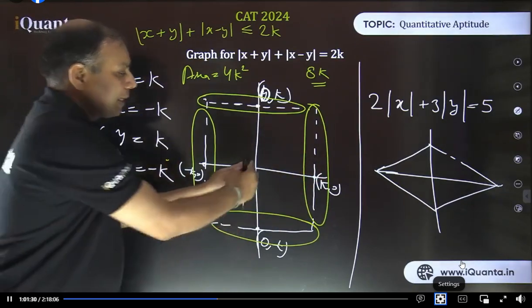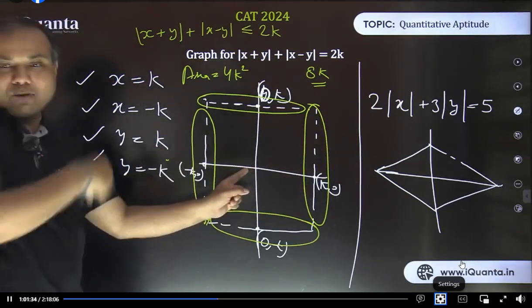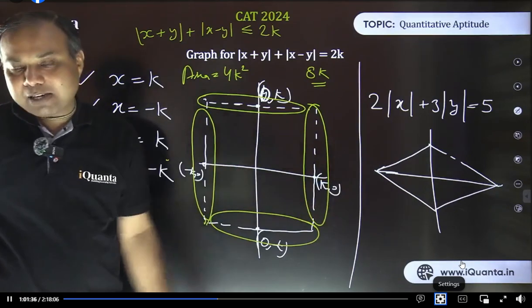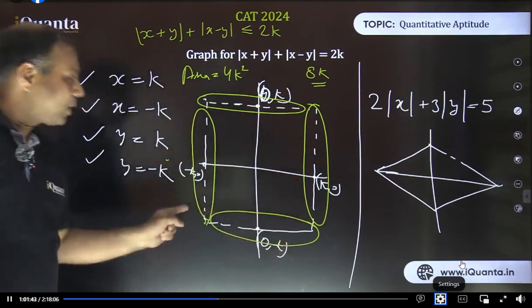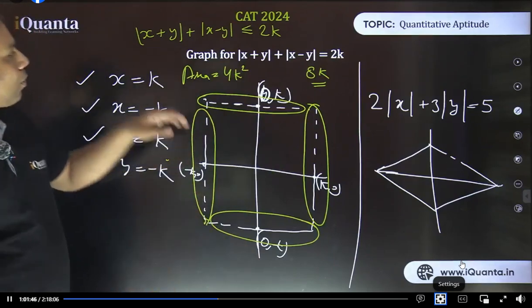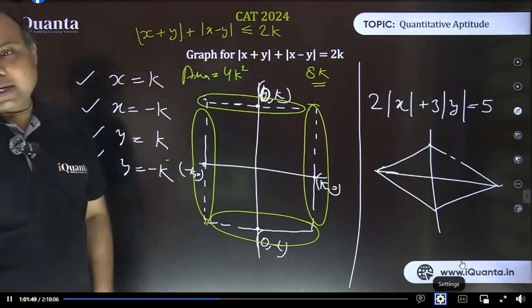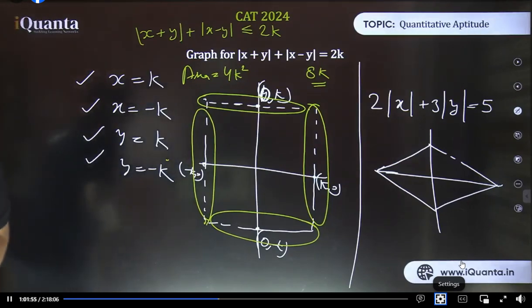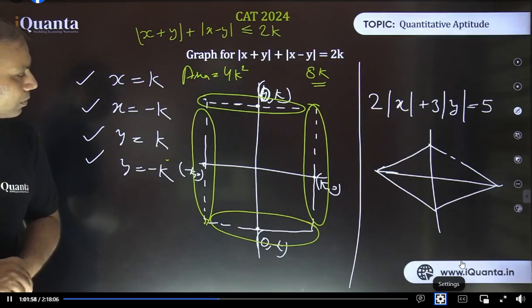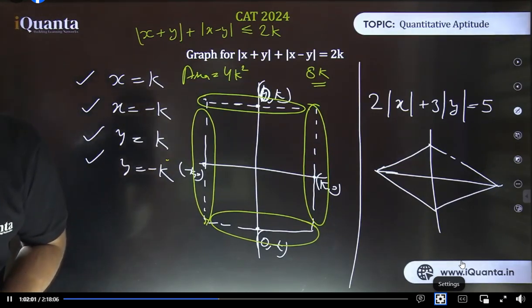Excluding this 0, k points on the right hand side, k points on the left hand side, right? So total 2k plus 1 points in one line. So I'm leaving one boundary point, so remaining are 2k. Same way, 2k, 2k, 2k, total 8k. Now I'm asking about less than or equal to, so I need to consider the internal points also. How did 17k come? It's not correct. 17k is not correct.